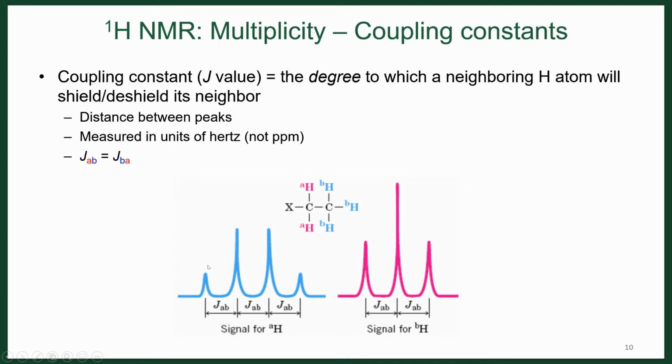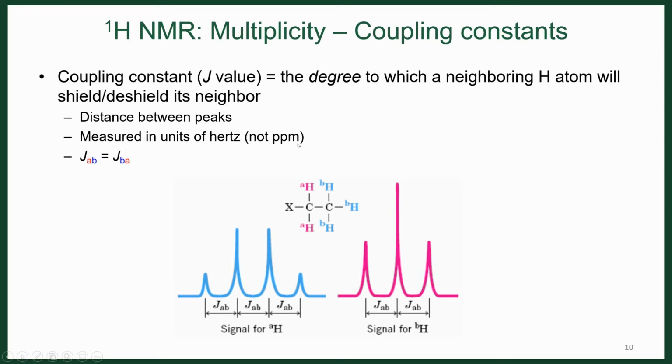And so what we'll see here is that for most alkane type species, this is on the order of 7 to 9 Hertz, and it tends to be fairly standard for this type of system. Now, when we have sp and sp2 hybridized carbon-hydrogen based systems, it can get a little bit more complicated, but that's something that we're going to save for second semester here.